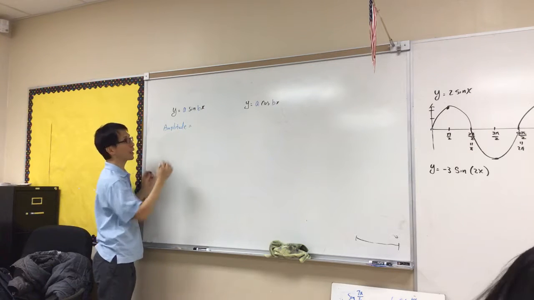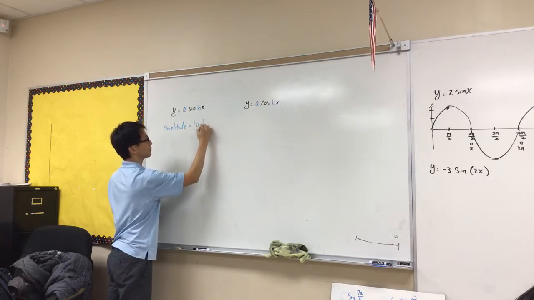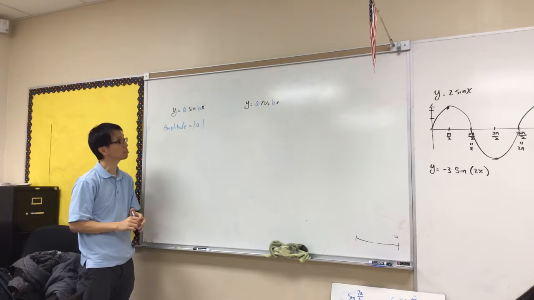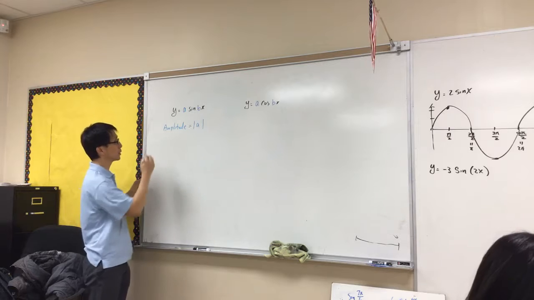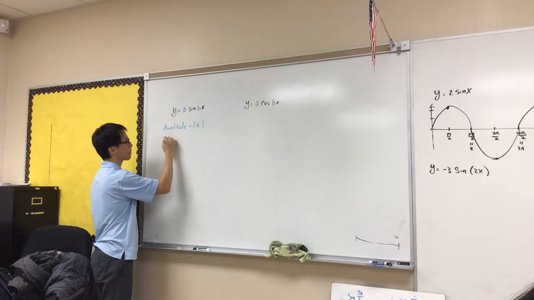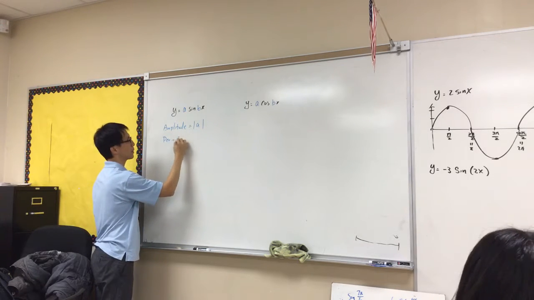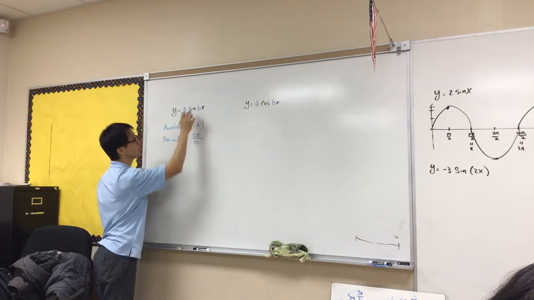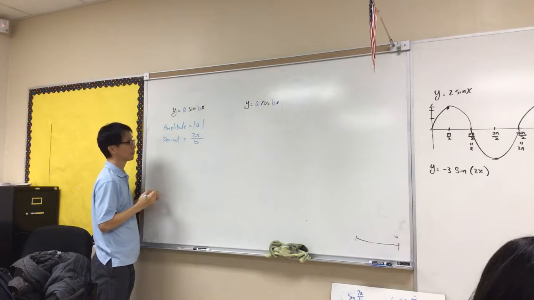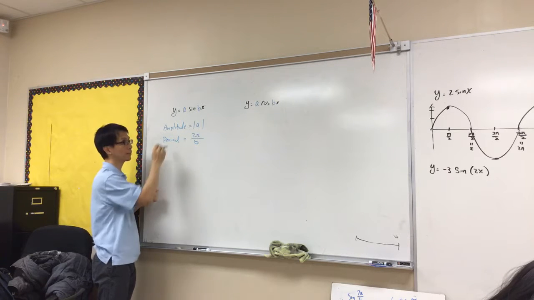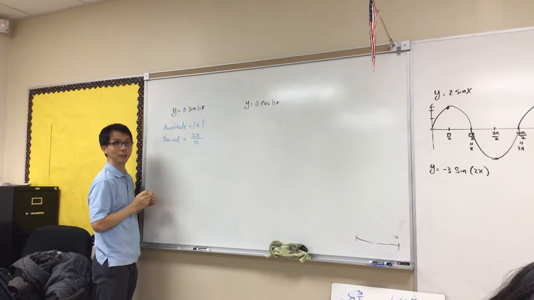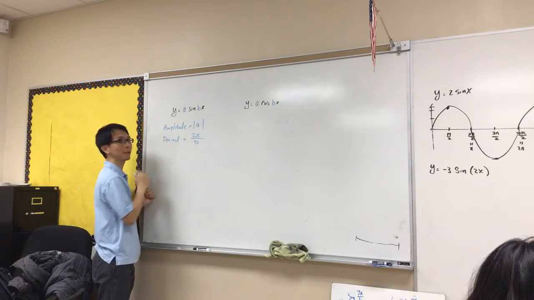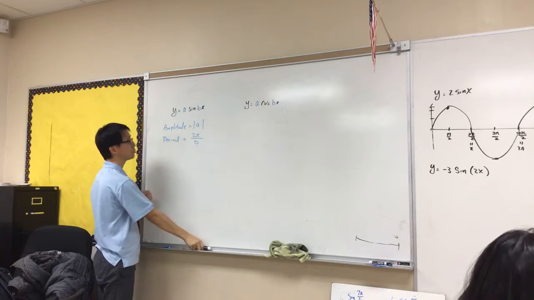Amplitude is always the absolute value of A. Period is always 2 pi over B, this B. You have to memorize this for the test, for sine and cosine graphs. Tangent's different, but for sine and cosine it's going to be this. Are we okay?